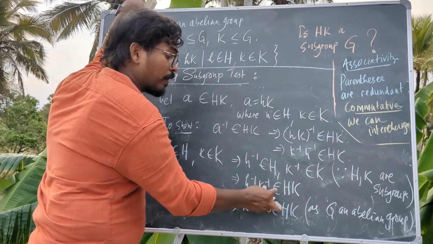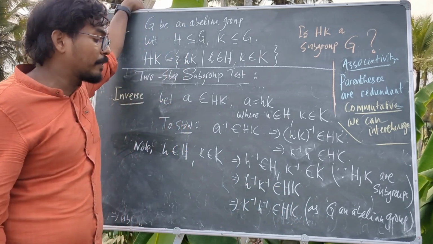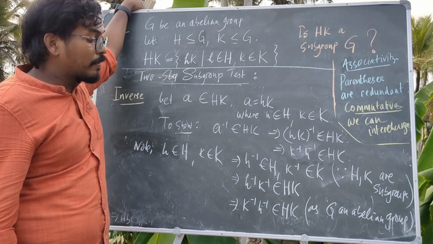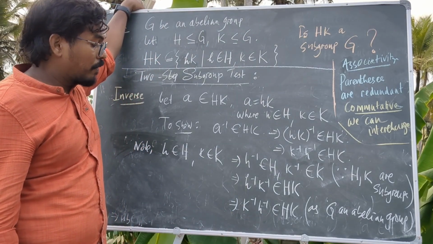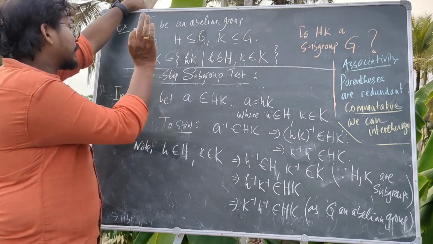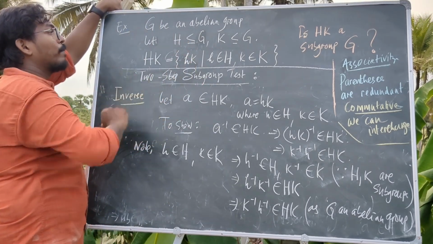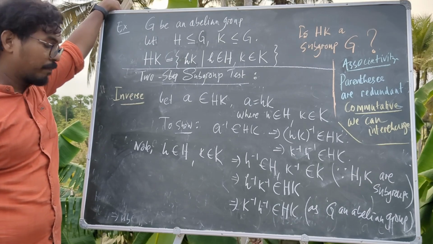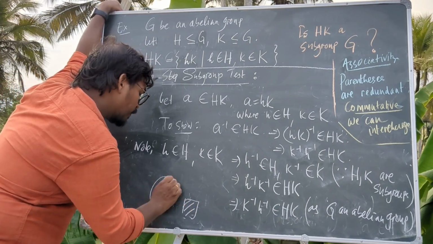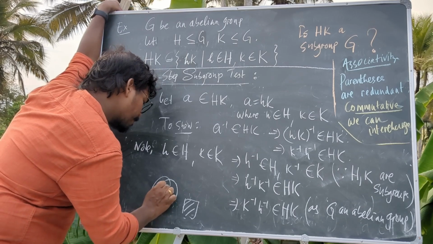If this one is in the set capital HK, this one also lies in the set capital HK. Therefore we are done. We have proved that this set is a subgroup of our group G. Hence it is proved and we are happy.